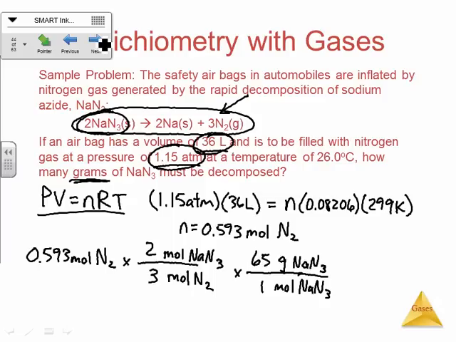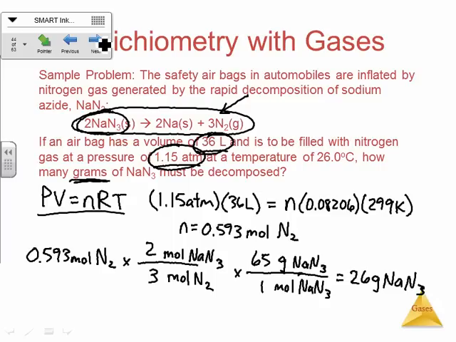So we're going to take the 0.593 times 2 divided by 3 times 65. And that should give us a mass of about 25. I guess we can only be precise to the second significant figure here, so 26 grams of NaN3.